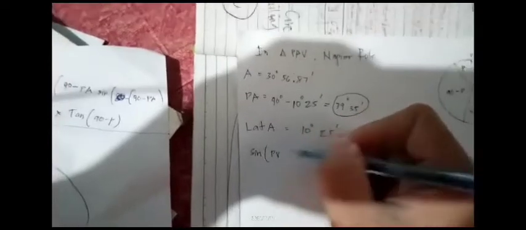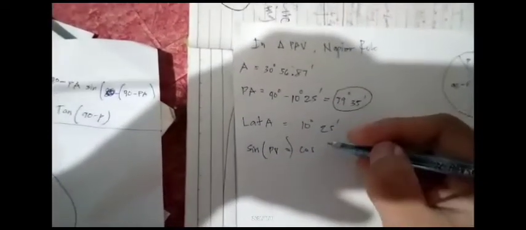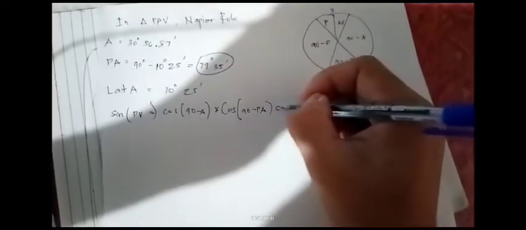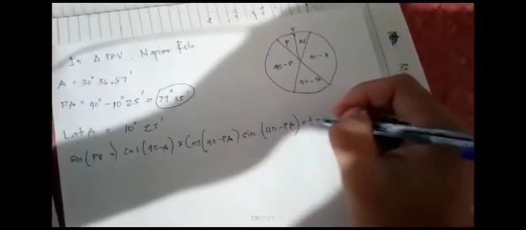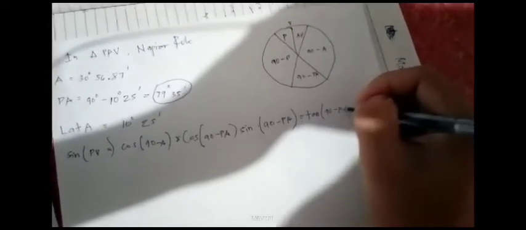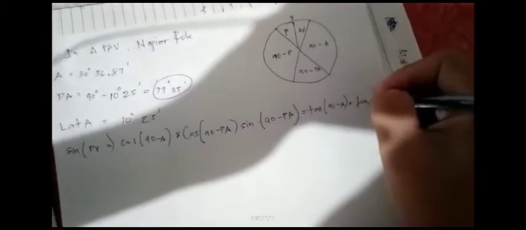Sine PV is equal to cosine 90 minus A plus A. We will multiply it by cosine 90 minus PA, then sine 90 minus PA, then equal to tangent 90 minus A multiplied by tangent 90 minus P. That's the formula.